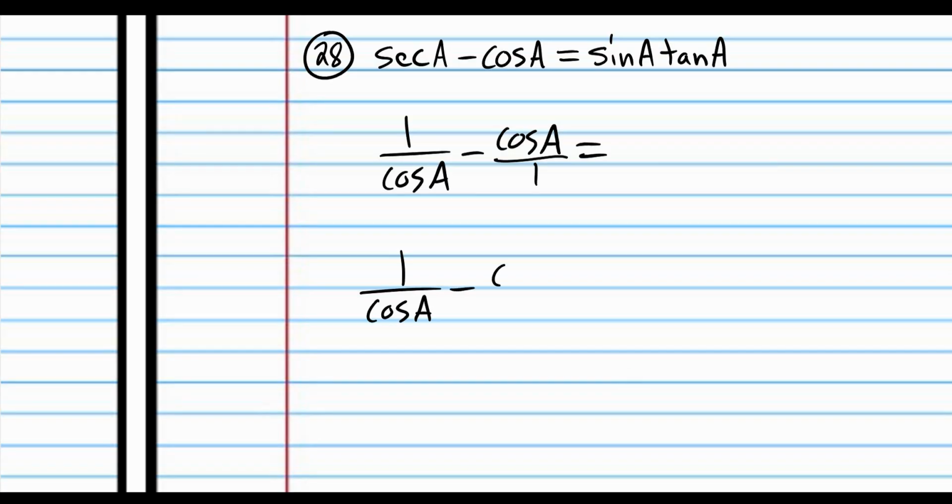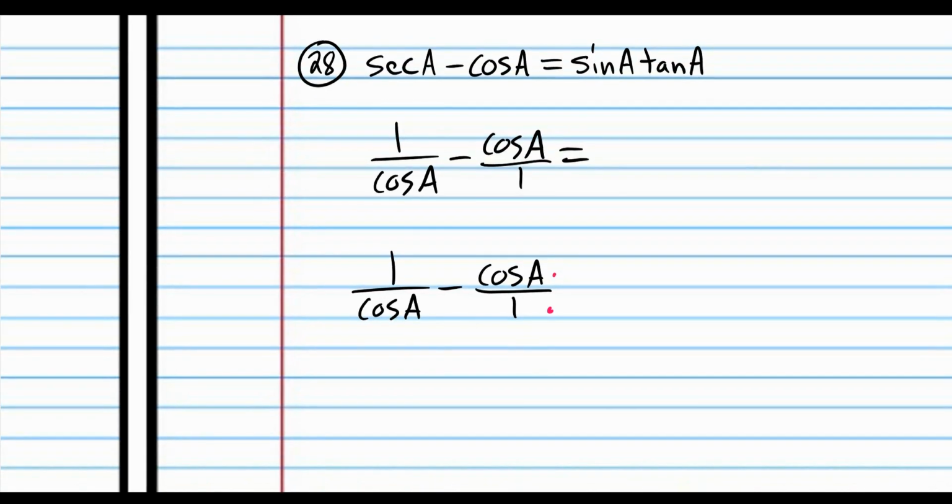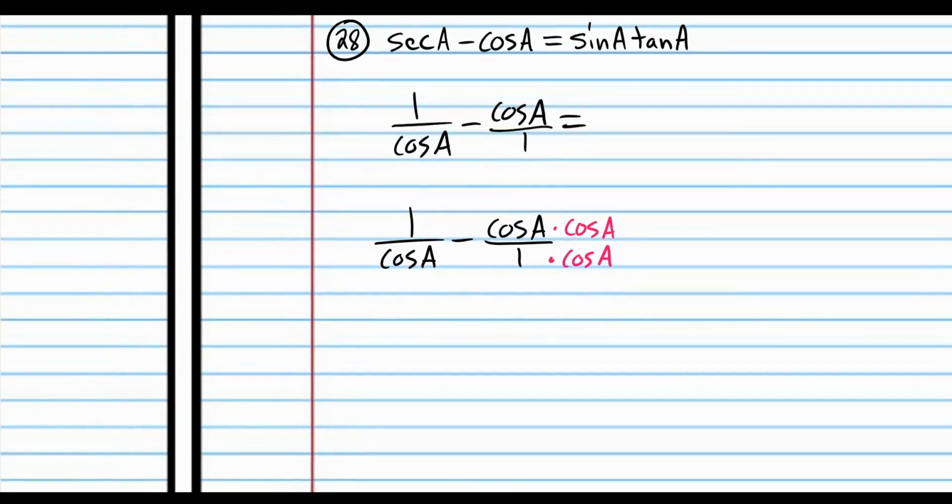And I'm going to multiply both sides of the fraction at the right by cosine A, and we get 1 over cosine A minus cosine squared A over cosine.